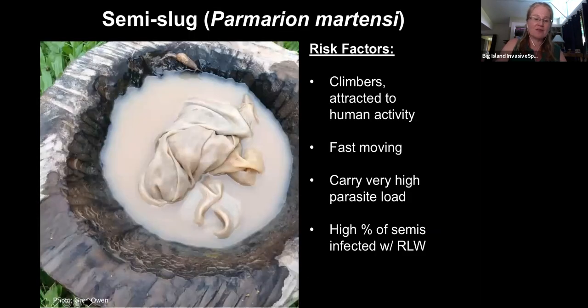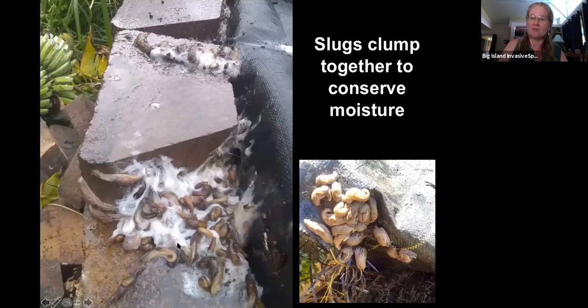So we have a high percentage of infection, and they also create a lot of slime. And this is something that's, you know, all slugs and snails create slime, but these guys create a lot of it. And they can actually create these masses that protect them during the dry season, so they can group together, get all their slime together, and be protected, and so keep the population going even in times when other snails or slugs might have died out because it was dry.